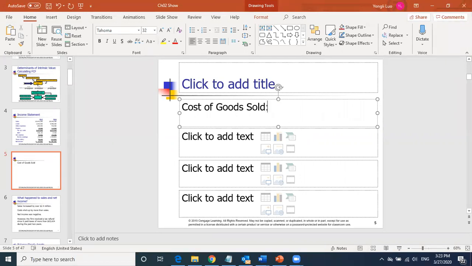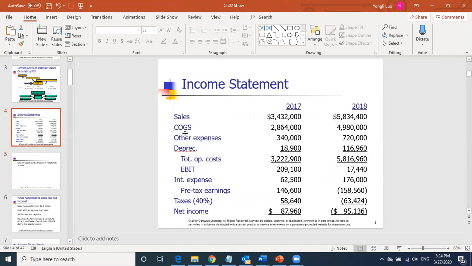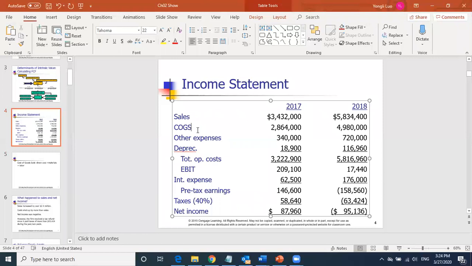The cost of goods sold is the company's direct cost. The direct cost includes materials cost and labor cost. The company makes products and they purchase materials and also have labor cost. We call this cost of goods sold, direct cost.